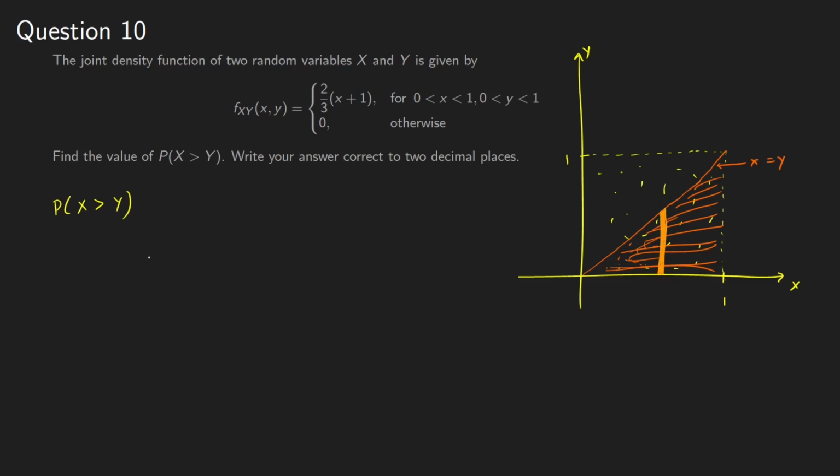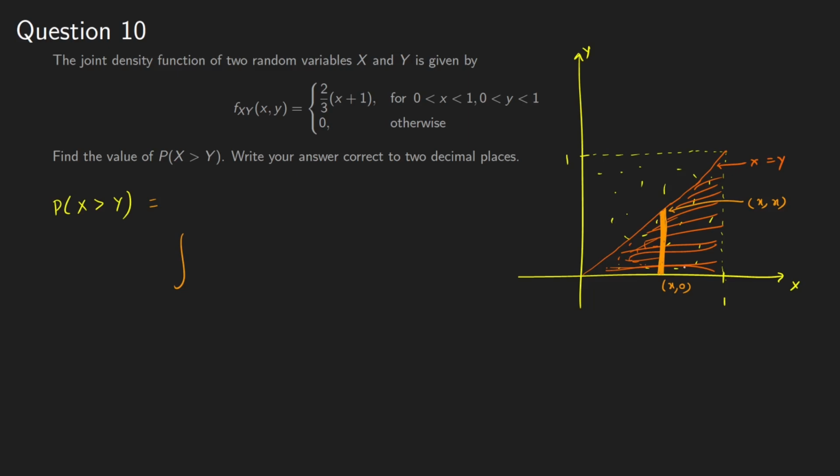So the coordinates of this point are some x, and y is 0 at this point. What about the coordinates of this? The x coordinate is x, and y is also x, because x is equal to y.